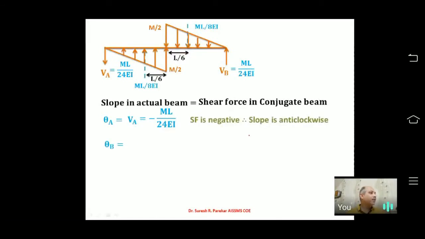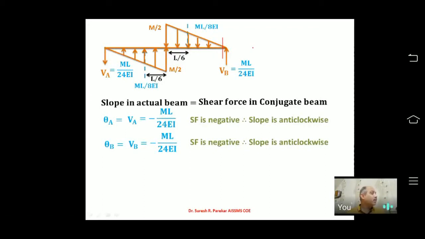So theta B we have VB. VB will again be minus. VB is also minus because I am taking this section and considering the right part, and upward on the right part we have minus. So again we have minus, which means both theta A and theta B are going to be anti-clockwise.